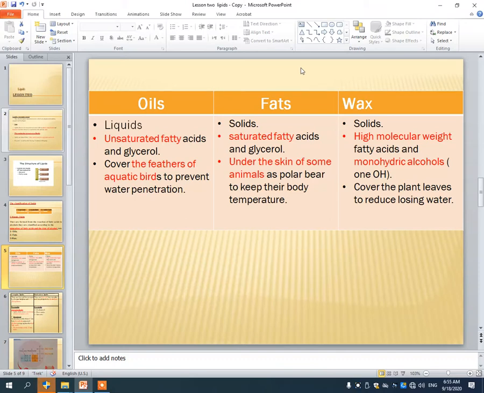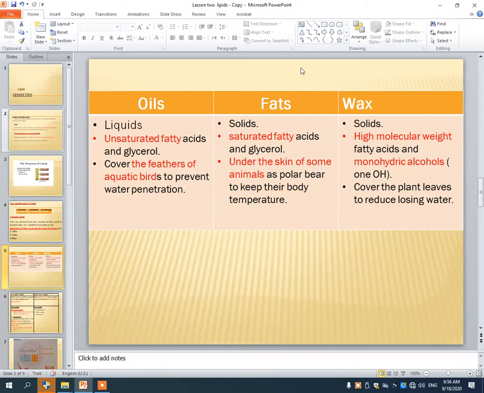Okay, then we have wax. Wax is also solid, but wax consists of high molecular weight fatty acids and monohydric alcohol. Monohydric means that the alcohol has only one hydroxyl group, not three. We can find wax covering plant leaves, especially plants in the desert, because in the desert the amount of water is very low.